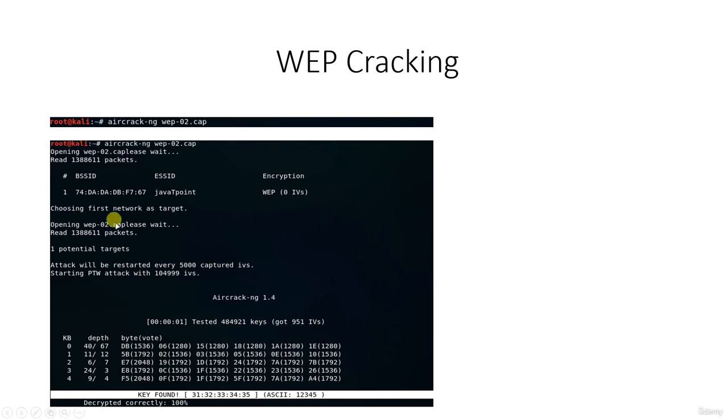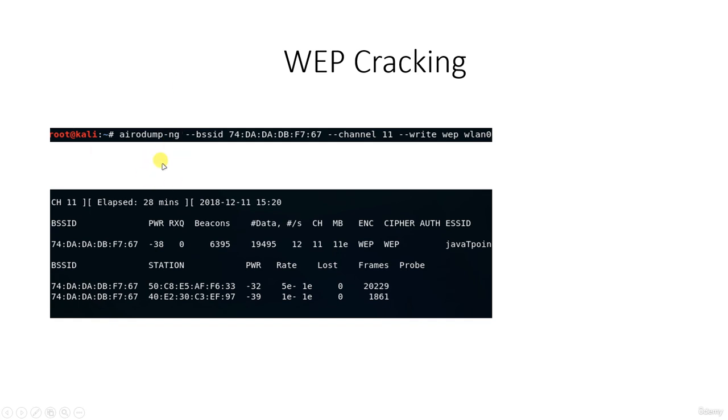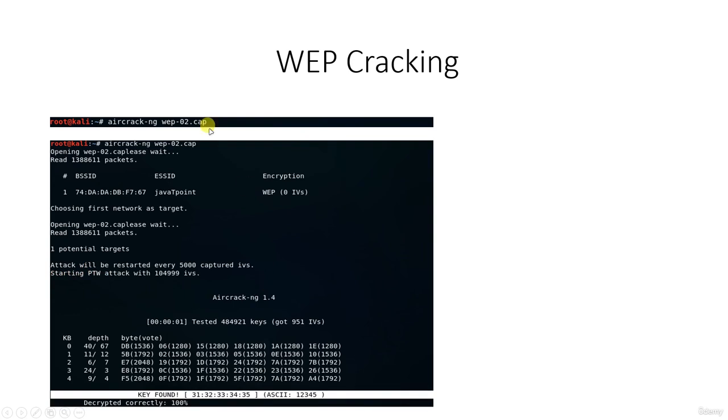Make sure you open it in a new terminal, because airodump-ng is continuing to track the traffic. Use the new terminal to run this command and press enter. When we use aircrack-ng, we put in the file name, which is wep-02.cap. If aircrack fails to determine the key, it waits until it reaches 5000 IVs and then tries again.